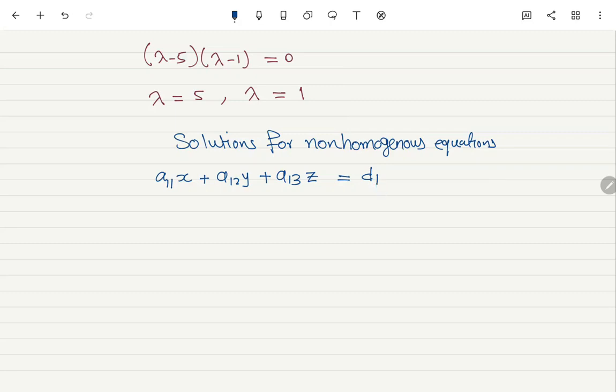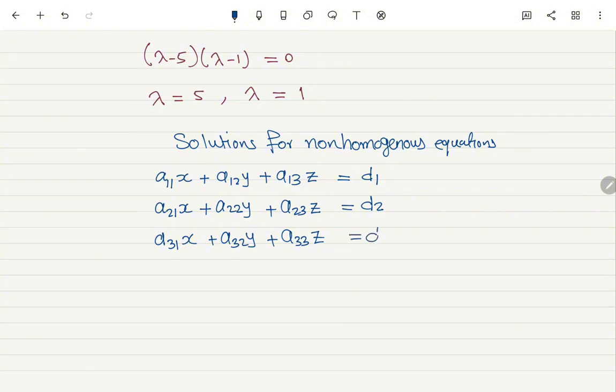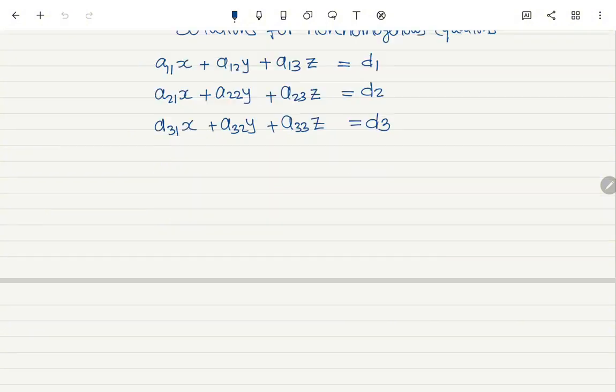Remember, it's non-homogeneous. a21 x plus a22 y plus a23 z equals d2, and a31 x plus a32 y plus a33 z equals d3. Now let's start by forming the determinant of the coefficients, then multiplying by x.